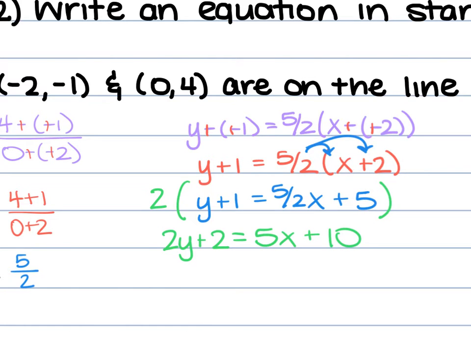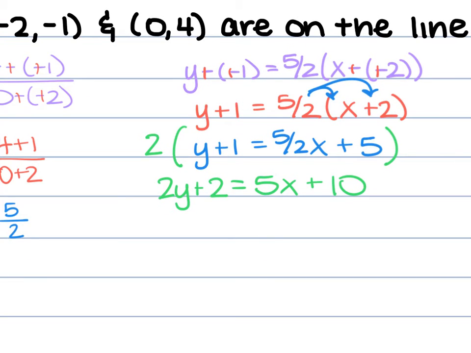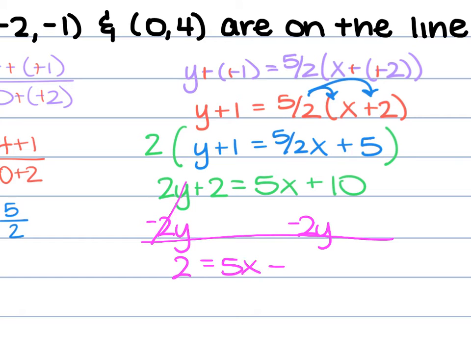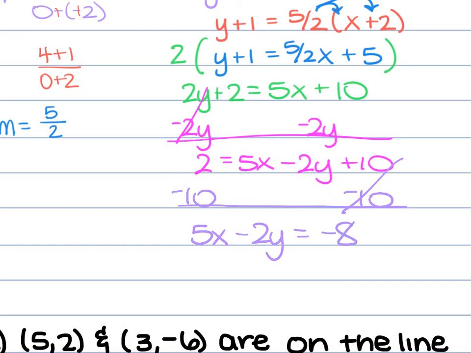Now we don't have to worry about any fractions. We're going to move the 2y over by subtracting it. So 2 is equal to 5x minus 2y plus 10. Then we move the 10 over by subtracting it. So we're going to have 5x minus 2y is equal to -8.